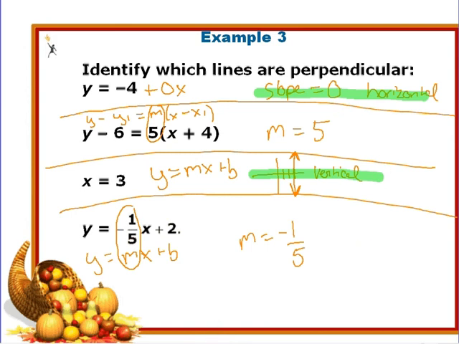And then if you don't have horizontal and vertical lines, then the negative reciprocals are perpendicular. So this one is positive 5 over 1. If we wanted the opposite of that, we would go negative, and we would flip it upside down, 1 over 5. So negative 1 over 5. So these two, this one and this one, are perpendicular to each other.